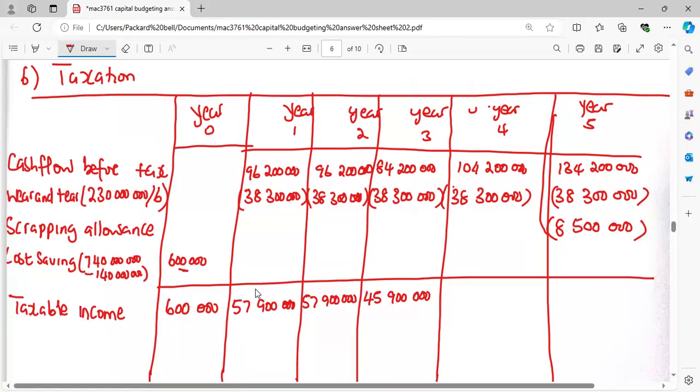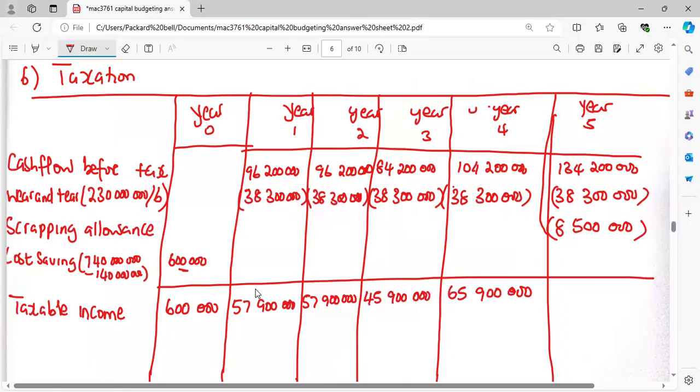Then the second last, 104,200, which gives 65,900,000.